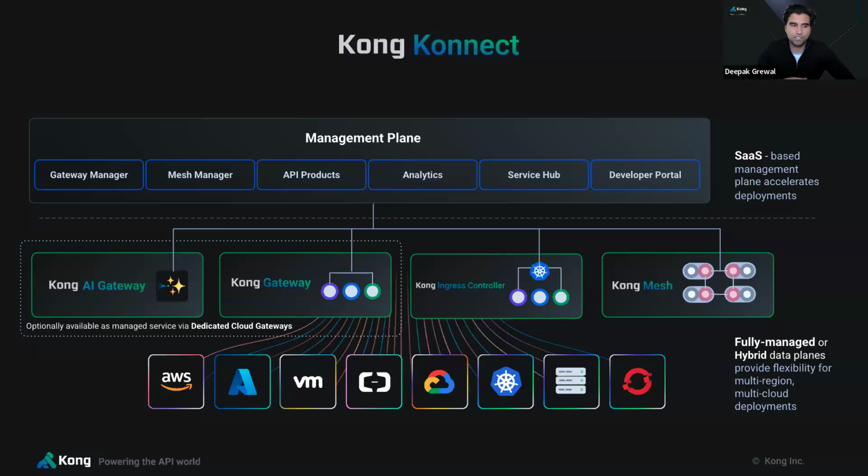They could be a service mesh, or they could be the AI gateway, where you could deploy these gateways in your own clusters, in your own premise, but they can connect to this management plane where you can actually monitor and manage those gateways.